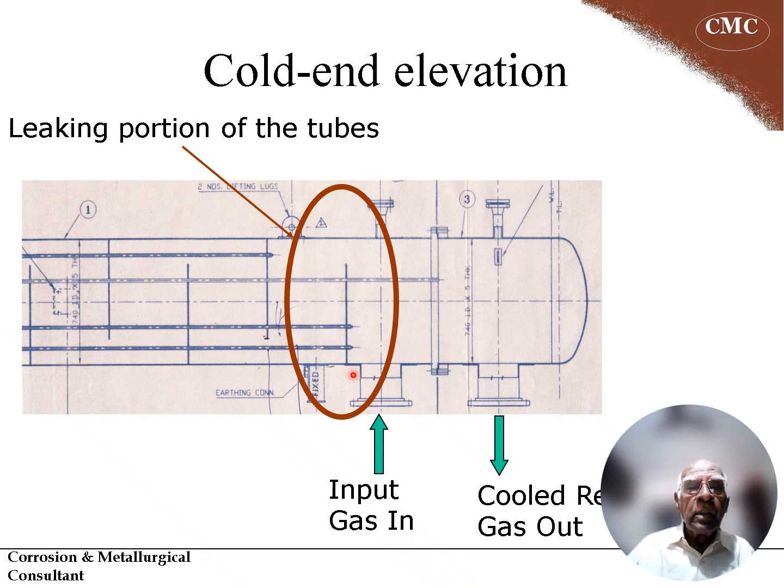In that particular location, the tubes are somewhere on the bottom and also left hand side when you look from here. So there is a preferential location for the leaky area. This we will see a little later, and this preferential location is very close to where the input gas is coming in and the cooled gas is almost coming out. It is quite cooled, coming from the reactor upstream.